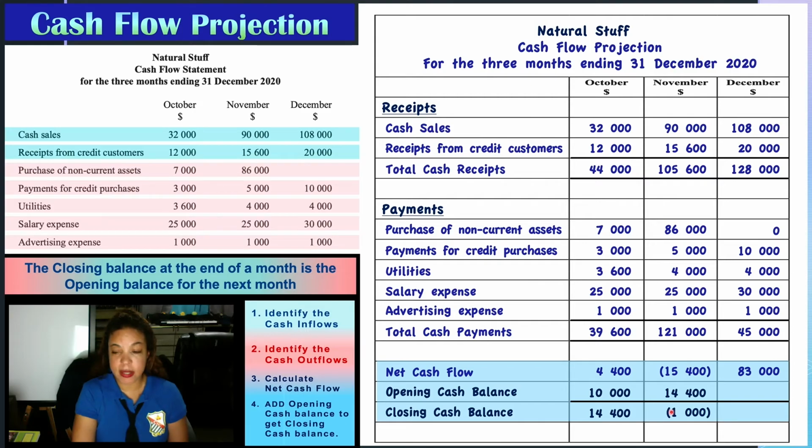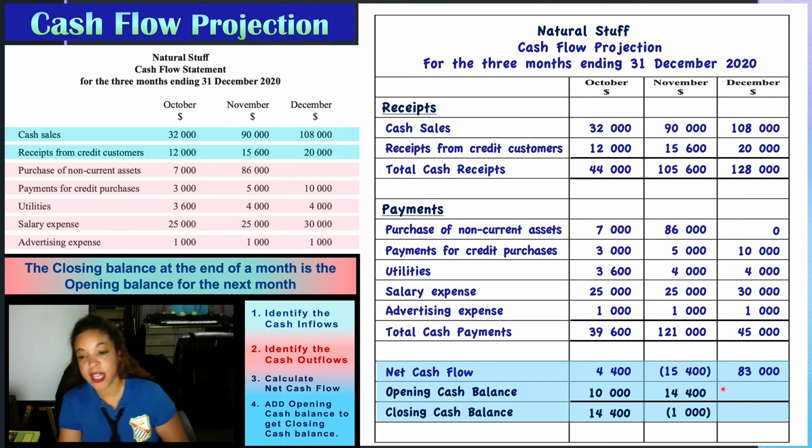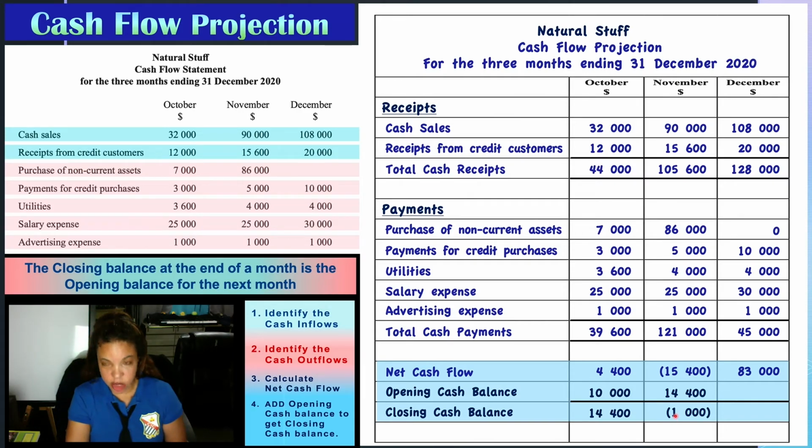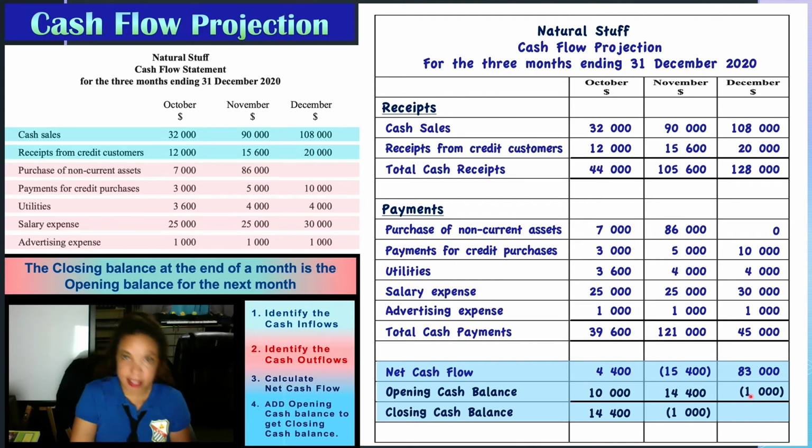Take a pause. Where are we going to find our opening cash balance for December? As we have gone on to December, your closing cash balance for November becomes your opening balance for December. And then you just add as normal, 83,000, add your negative 1,000, which means it's 83,000 minus 1,000.